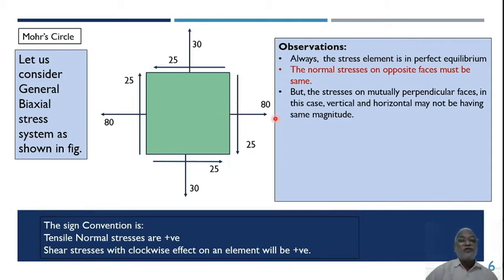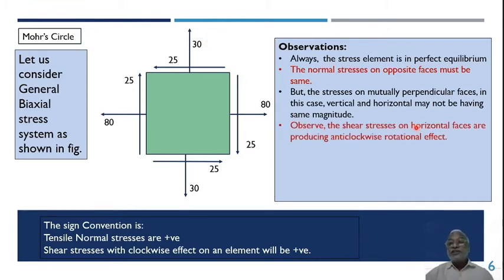On one face something is there, the opposite face has exactly the same thing, but the face perpendicular to that will not be directly related to this stress. It has independence. So it can have normal stress, maybe tensile, maybe compressive, maybe the magnitude itself is 0, quite possible.